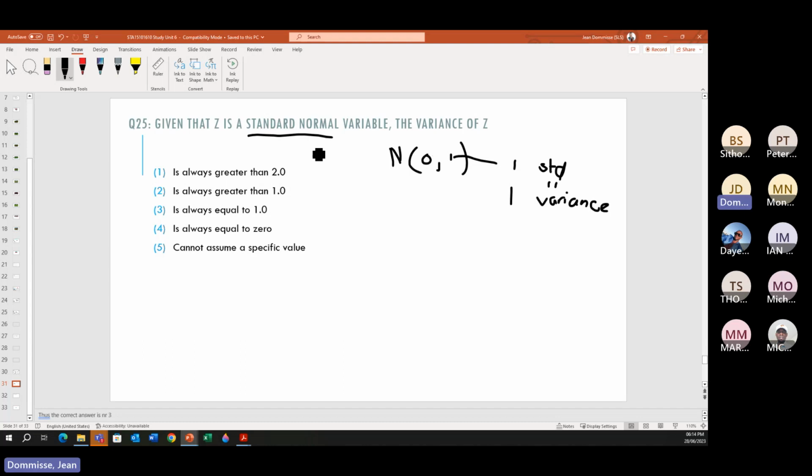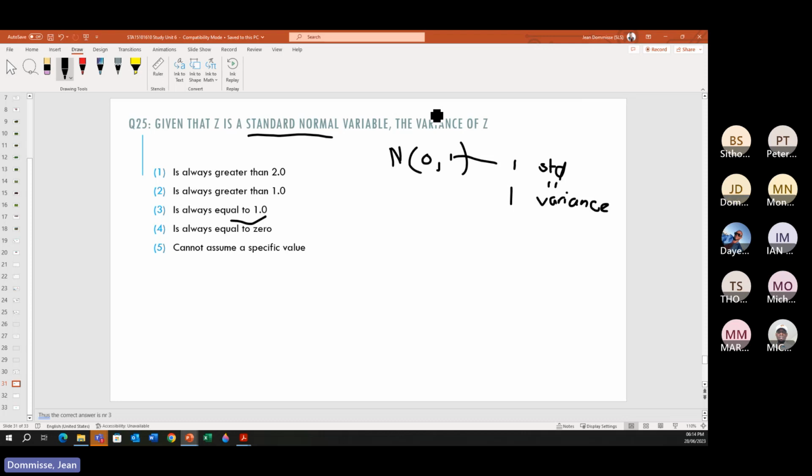Very important, because sometimes they can ask you, given that it is a standard normal variable, the variance is equal to 1, but they could have also asked you the standard deviation is equal to 1.